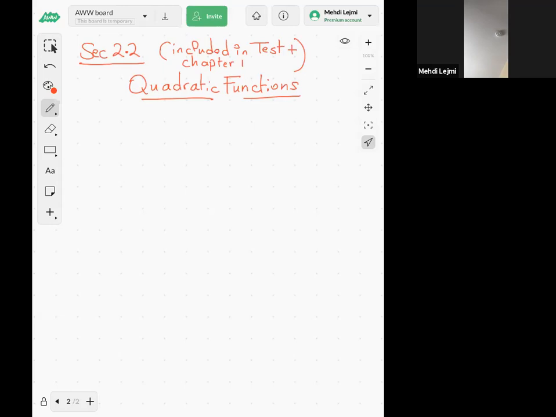Let me first remind you what a quadratic function is. Whenever I have a function of the form ax squared plus bx plus c, that will be a quadratic function.